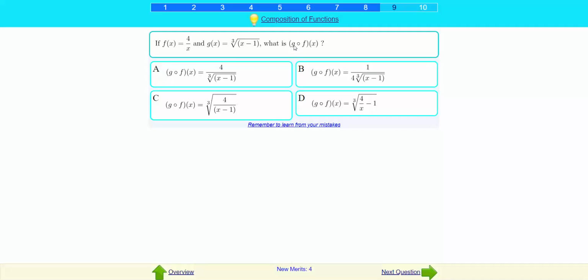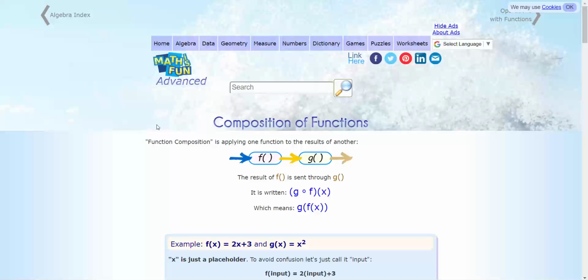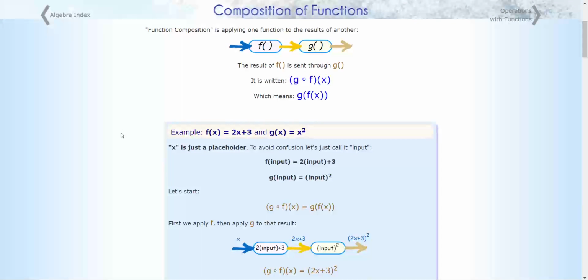Confusing, so let's see the details. If you have g circle f of x, you start with the right-hand side: f of x applied to g of x. You can see it here. f of x becomes the x for g.